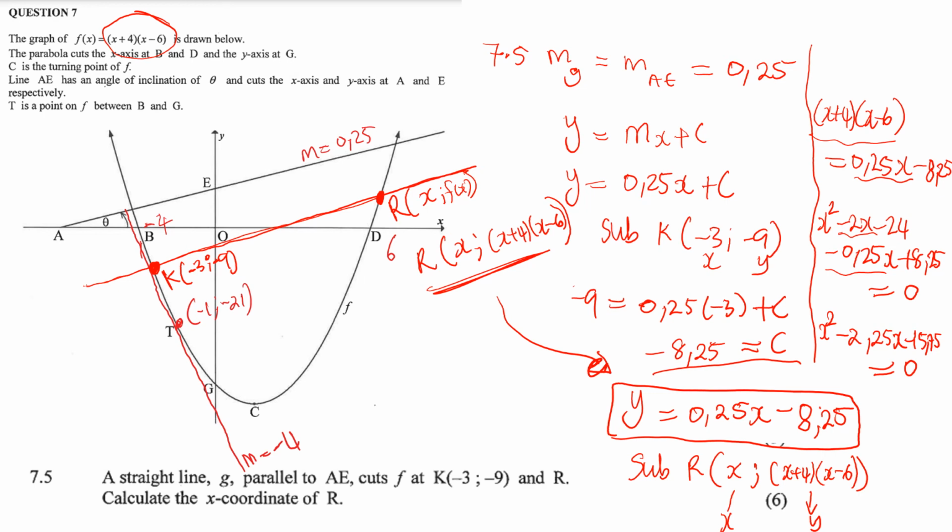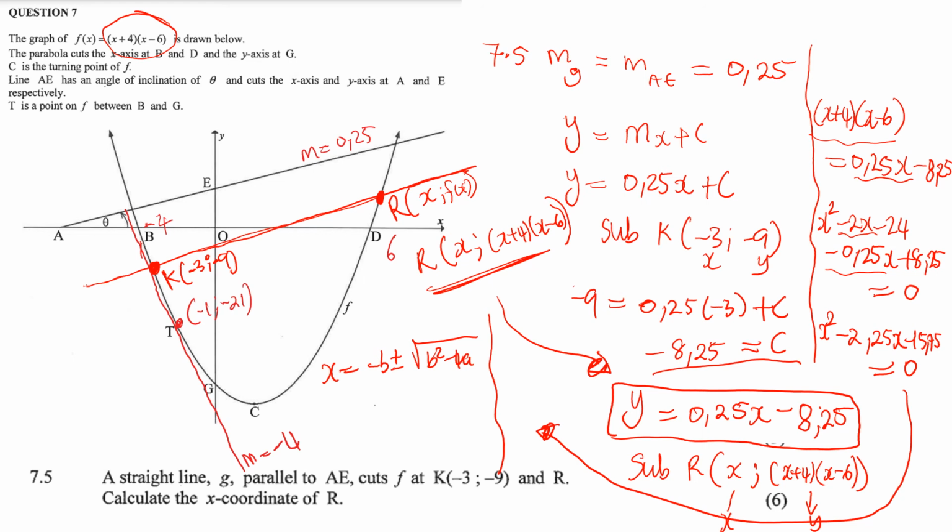Then to solve for x, we can use the quadratic formula. I'm just going to write this somewhere here because of space. So we're going to use the quadratic formula, which says x equals minus b plus or minus the root of b squared minus 4ac, over 2a.